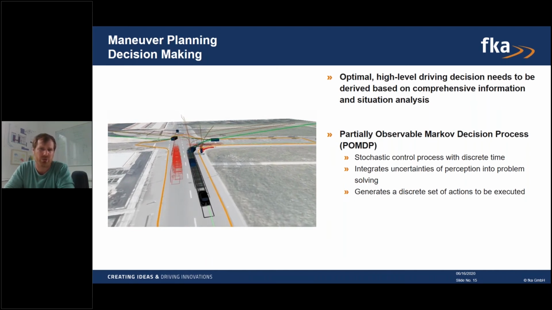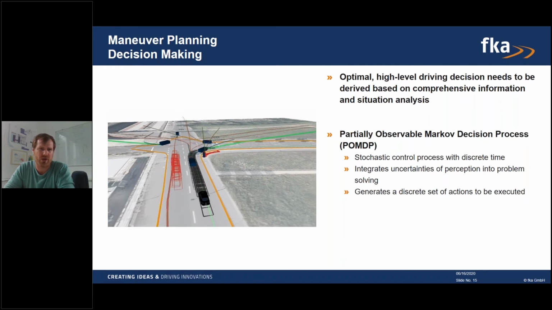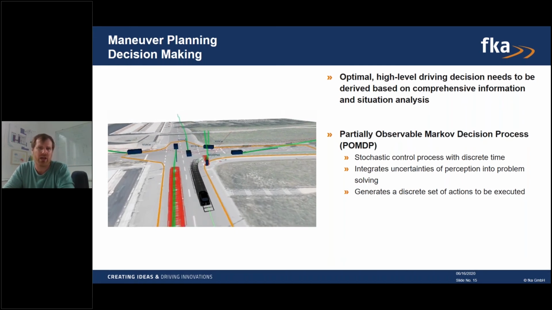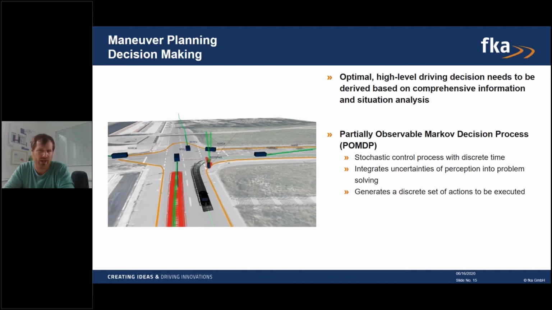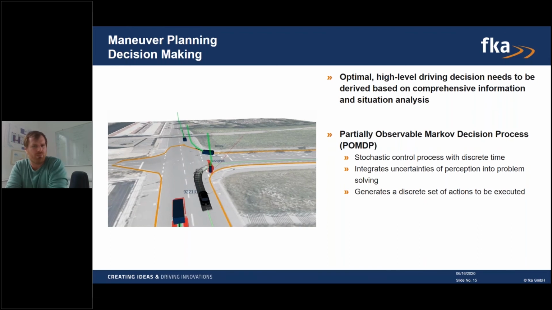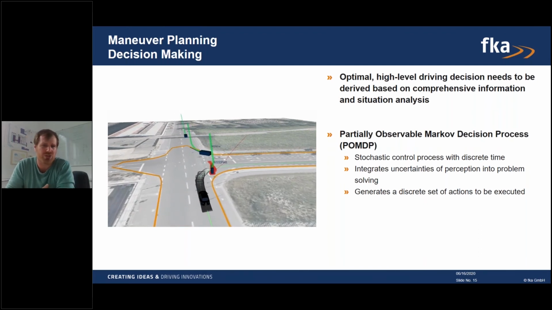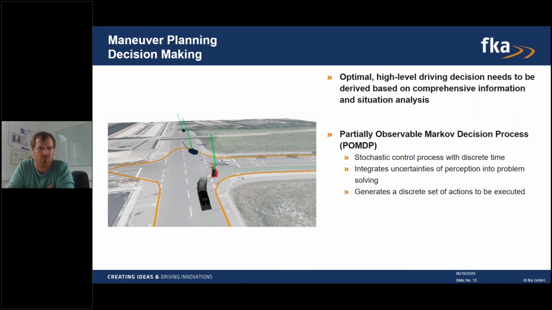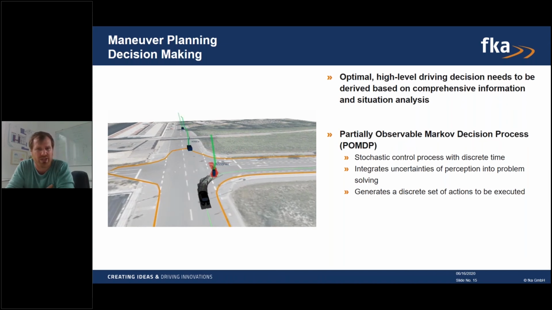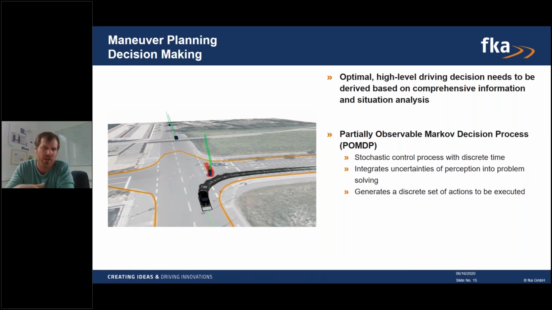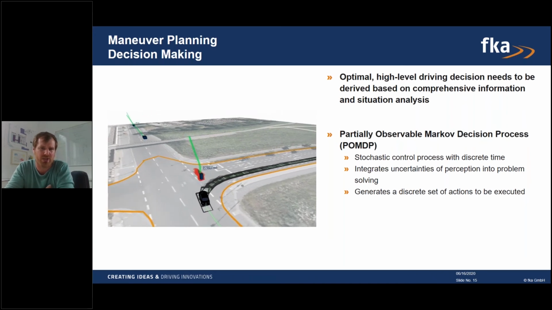What we do is try to derive an optimal but high-level driving decision from all the information we gathered. In this case, we can do that by using a partially observable Markov decision process, for example. It's a stochastic control process, and you do the same way you do it with prediction: you have discrete time steps.